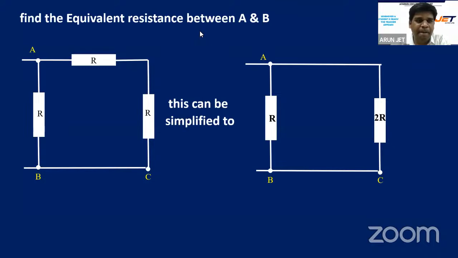Do you agree with that? You all agree with me that R and R are in series? Triple R movie. No. We are talking about resistors. Okay, they are in series. Agree, right? Yeah, good. Now, when they are in series, their equivalent resistance is R plus R, which is 2R. Agree with that?